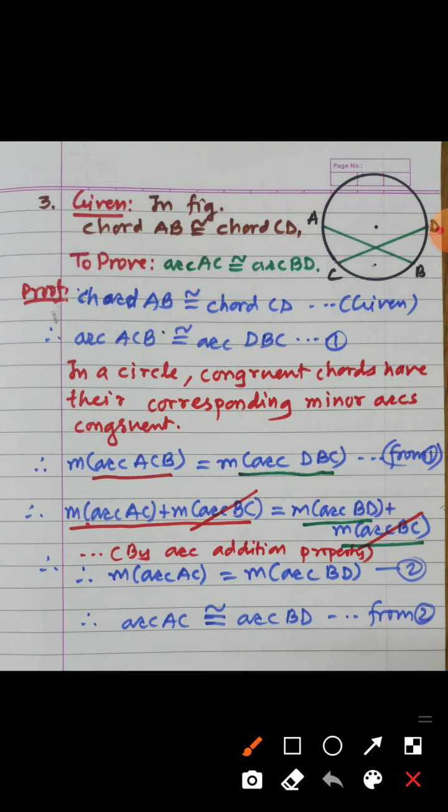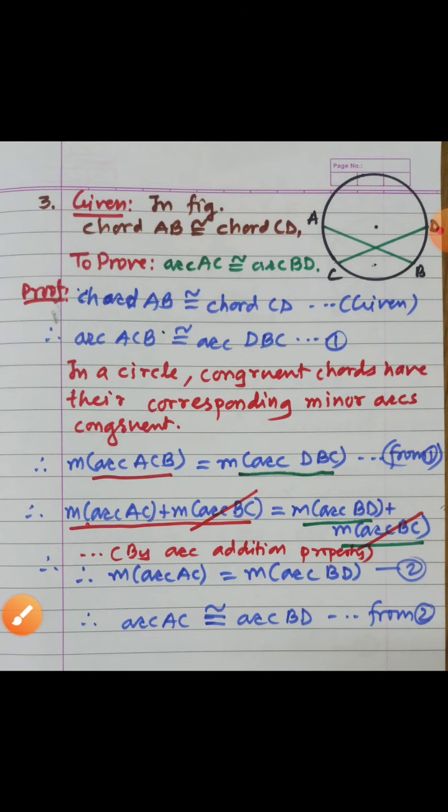Proof. Since chord AB is congruent to chord CD, given, therefore arc ACB is congruent to arc DBC. These are the corresponding minor arcs of the corresponding chords. So in a circle, we know that congruent chords have their corresponding minor arcs congruent, and using that we get these arcs are also congruent.